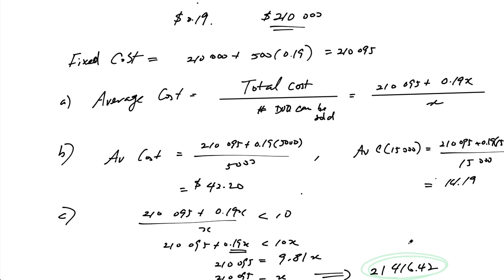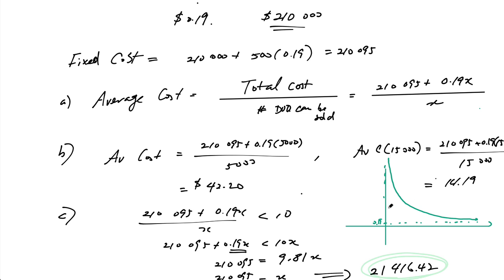Now if you were to visualize this, it has a vertical asymptote at x equals 0, and the horizontal asymptote is 0.19. The cost starts up here and starts going back down.